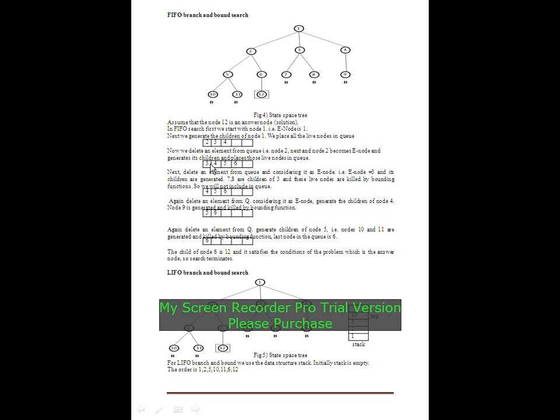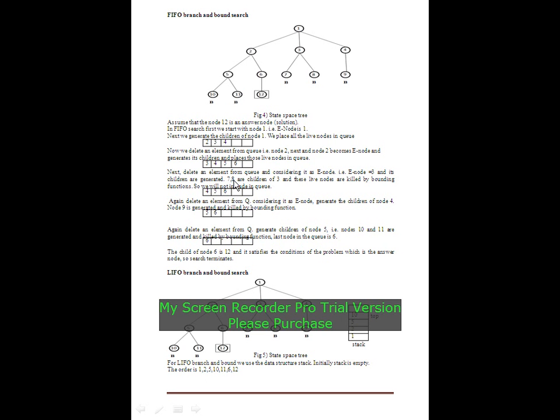And next, expanding branches of 2, we remove 2 and insert the branches of 2, that is 5 and 6, and process 2. And next we go to the branches of 3 and remove 3. After processing the branches of the relevant nodes, you can eliminate those.